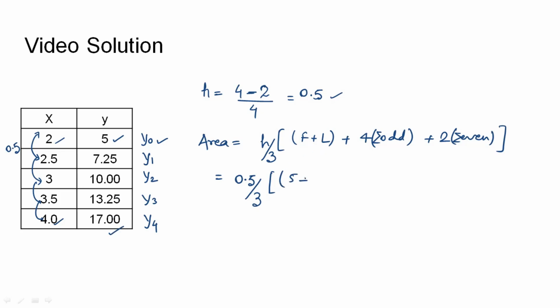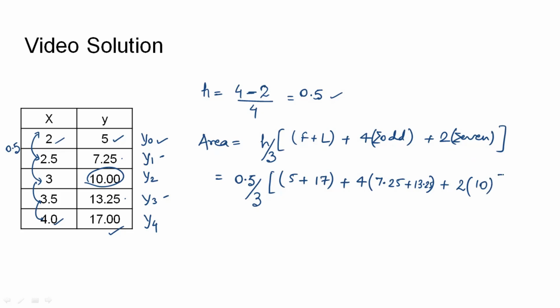So 5 plus 17 plus 4 times the odd ordinates, y1 and y3, 7.25 and 13.25, plus 2 times the even ordinate. The only even ordinate in this case is 10.